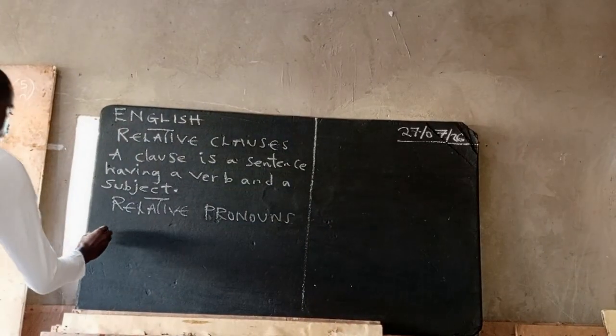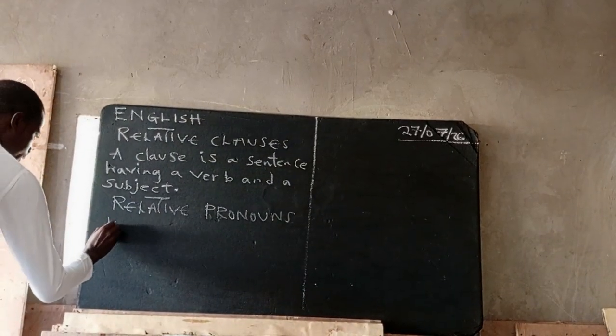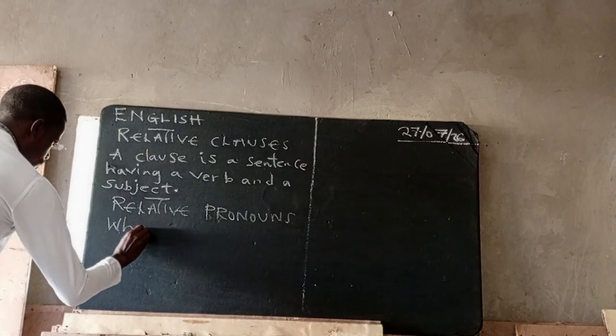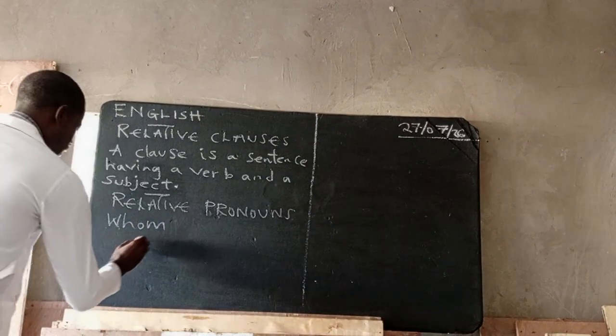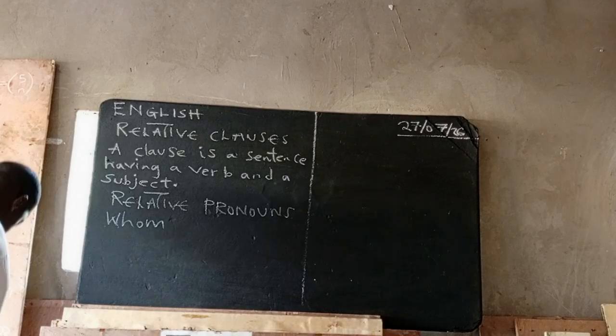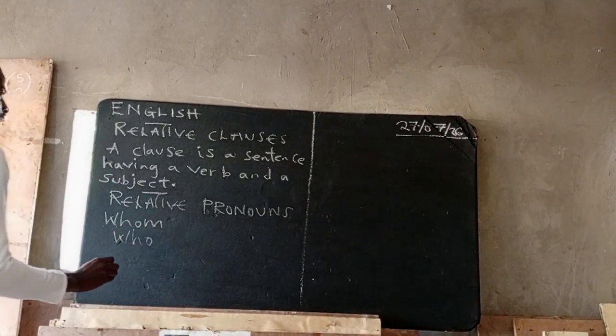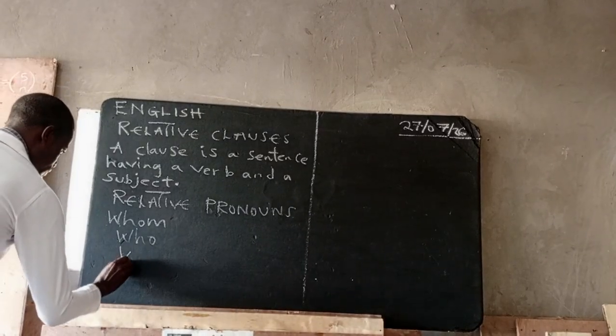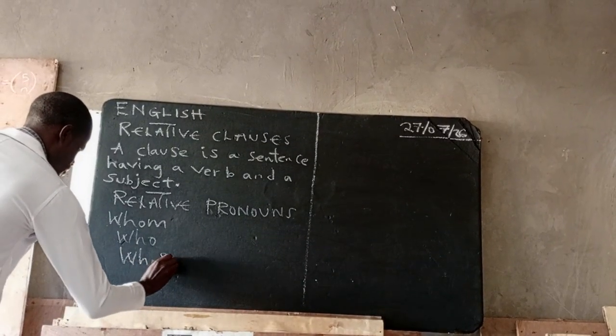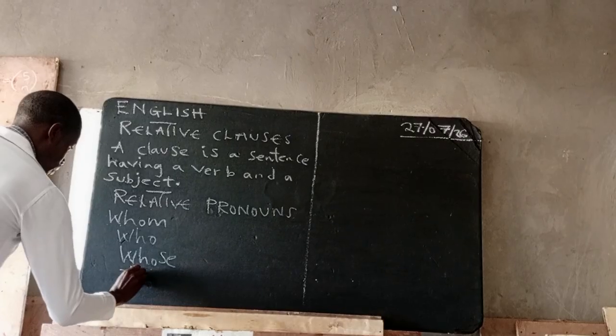Let me give examples of relative pronouns. So we have whom, we also have who, we also have whose, that.